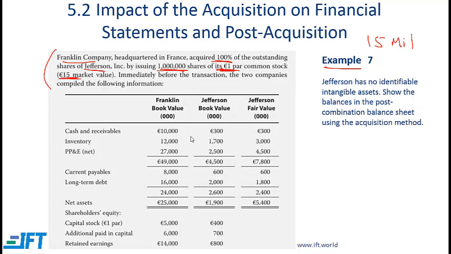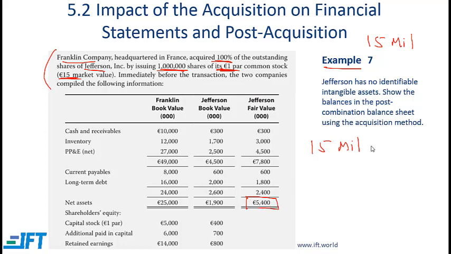The first thing that we should do here is figure out goodwill, and that is easy to do. Since we have 100% acquisition, we don't really worry about the difference between partial and full goodwill. The goodwill here simply will be 15 million, which is the amount paid, minus the fair value of net assets.